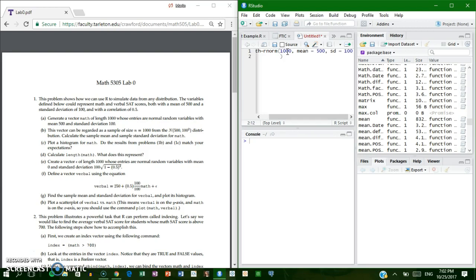At the end of it, you press Ctrl Enter, and on your console you see that it comes in.